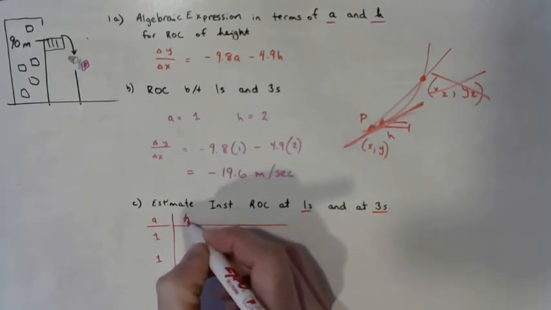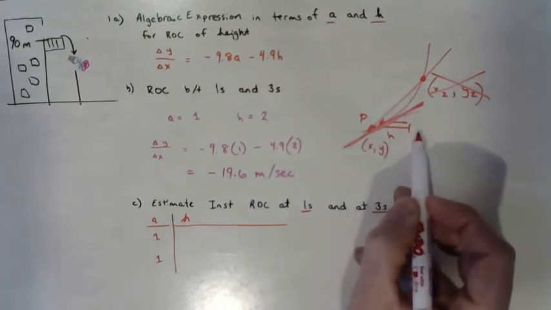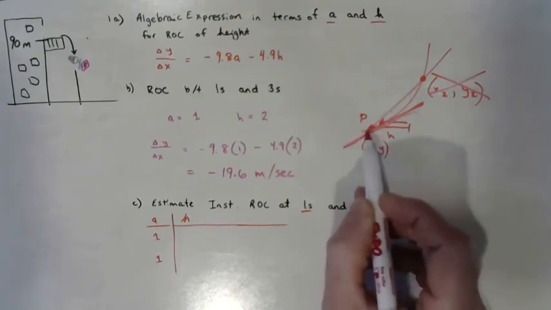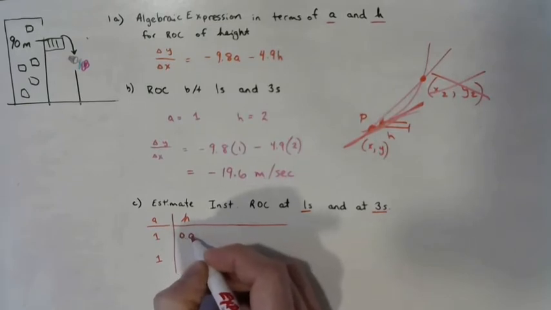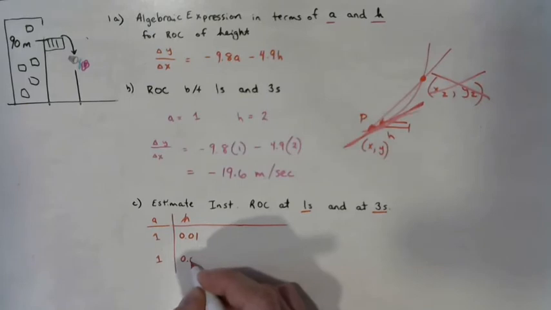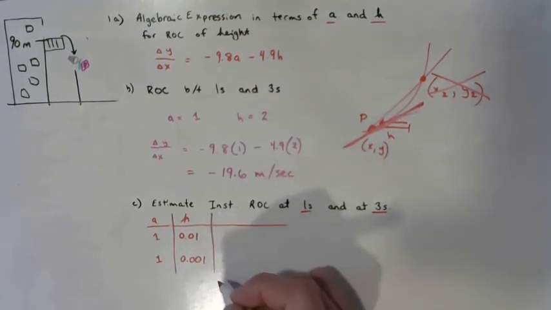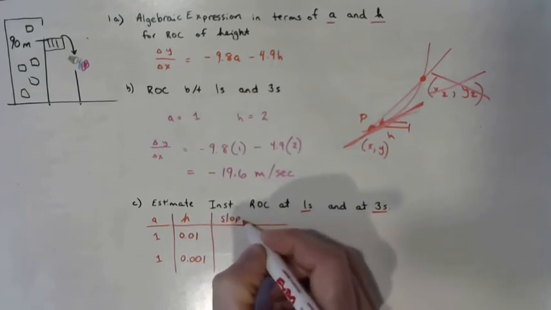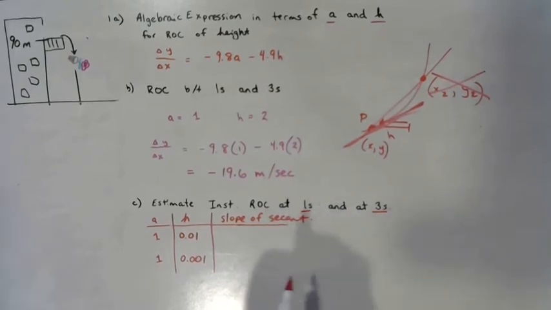So our h value, the distance here, the difference between the x coordinates, we're going to go with 0.01. And then we're going to try it again with 0.001, okay? Now, that means here we'll go with the slope of the secant.